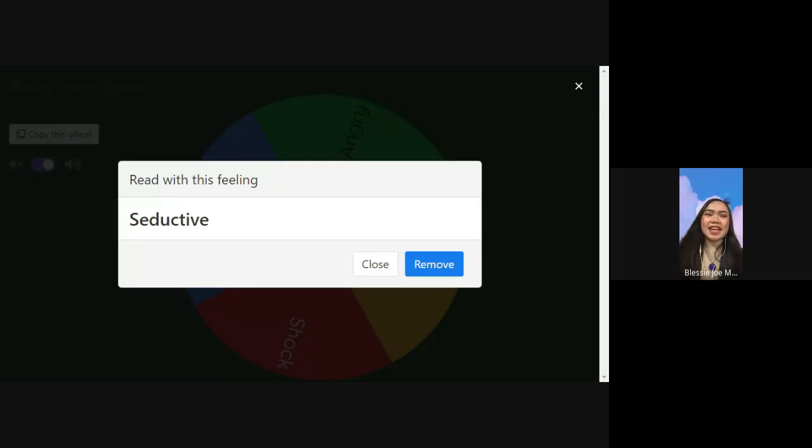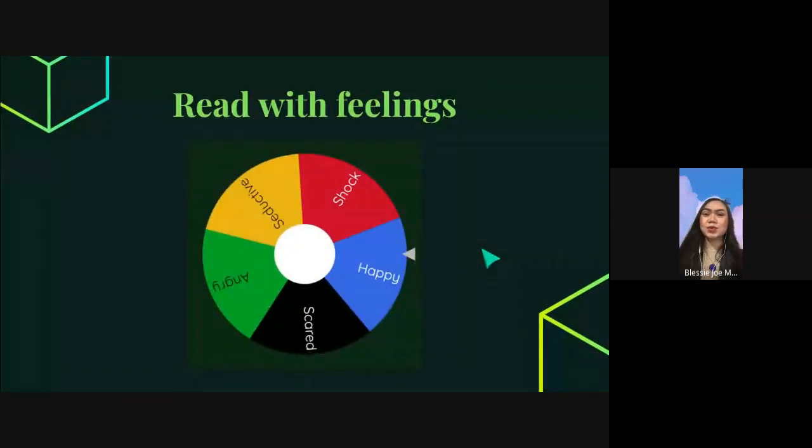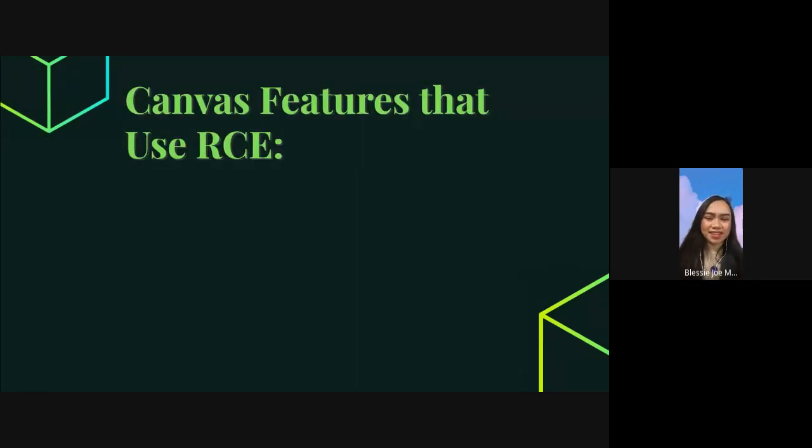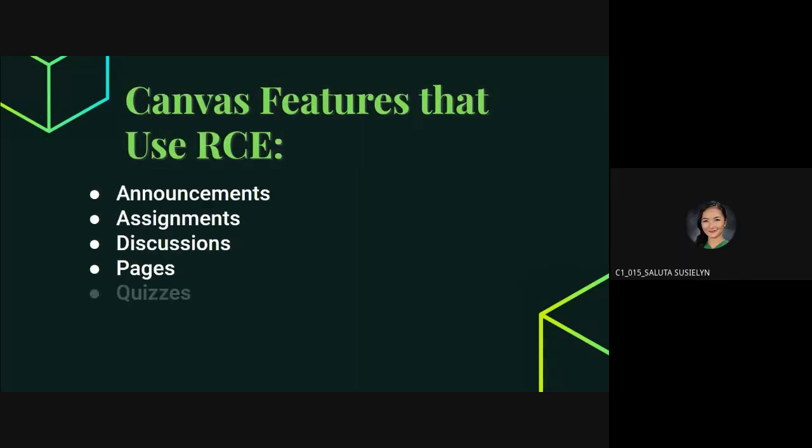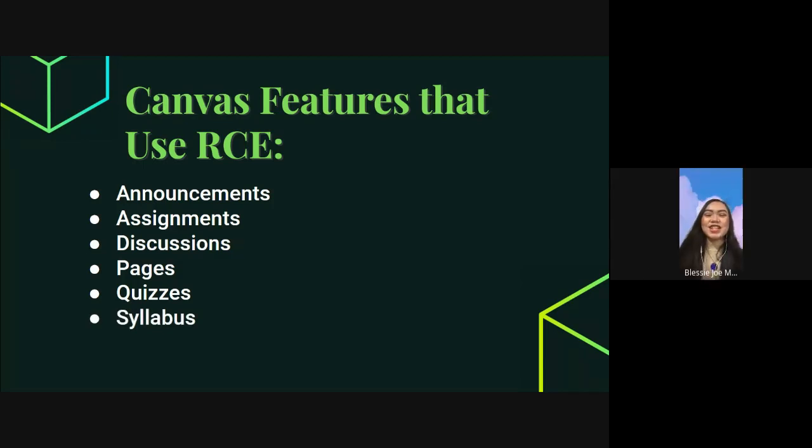So can I ask Miss Susie to read the next text using a seductive tone? Please, Miss Blessy, I don't know how to do it. So you can just try, miss. Or maybe in love, something like that. I can't even relate to being in love. I don't even know how to seduce.